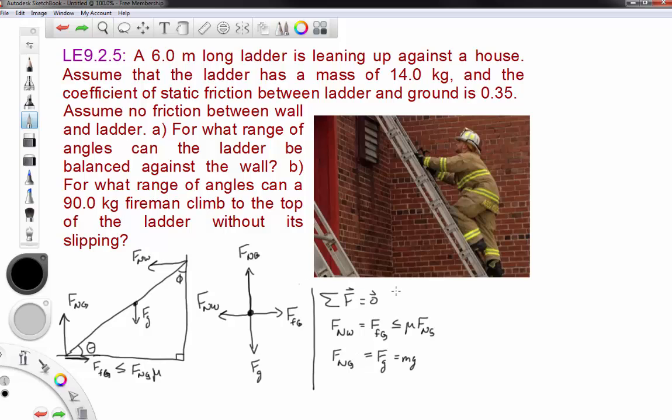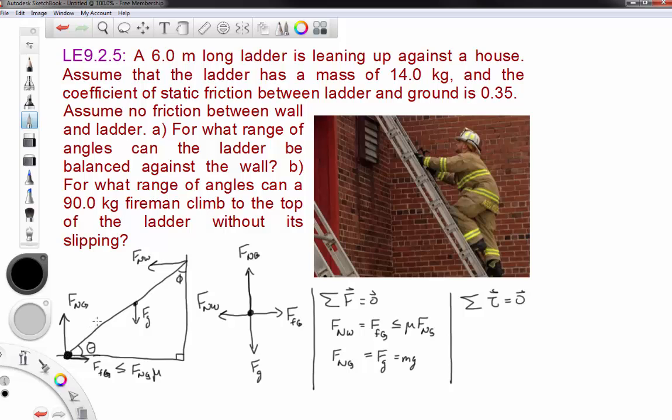So now let's go ahead and do the torques side of the equilibrium. So we got to look and see which direction does everything make this ladder want to spin, or in other words, in which direction does each torque act.